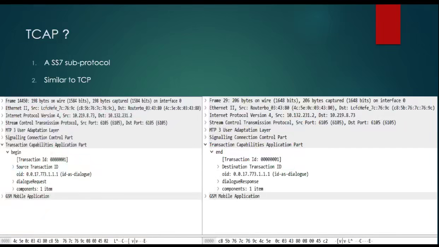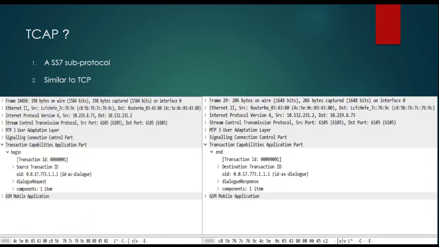Okay, what is TCAP? TCAP, or Transaction Capabilities Application Part, is an SS7 subprotocol, and it's like TCP. TCAP enables the deployment of advanced intelligent network services by supporting non-circuit related information exchange between signaling points using SCCP, or signaling connection control part, which is a connectionless service.